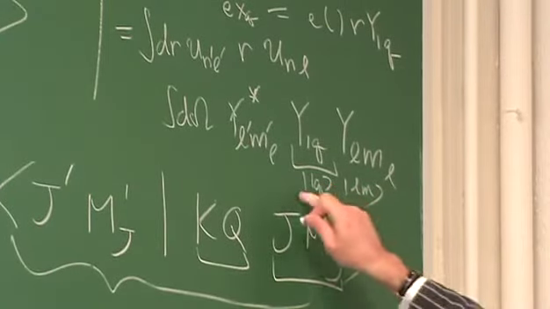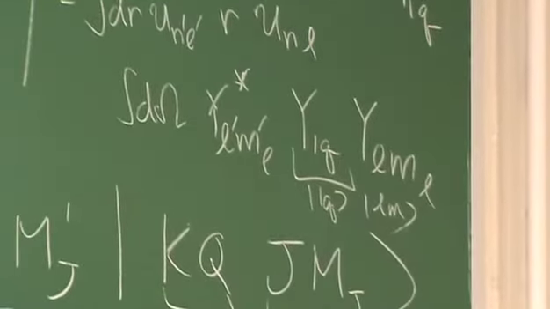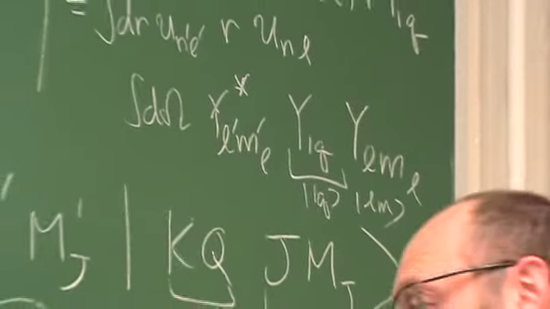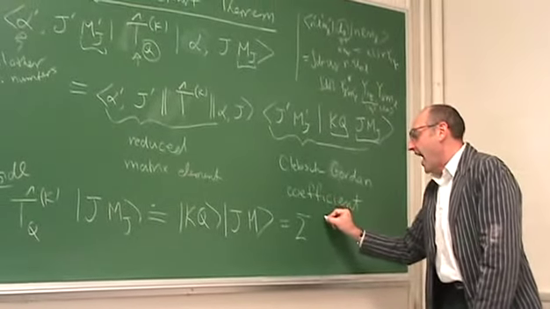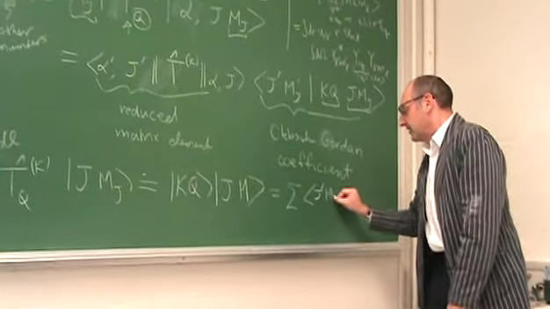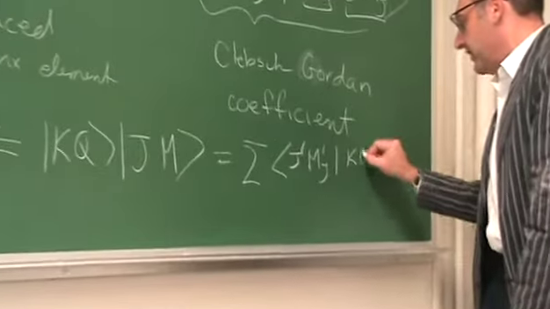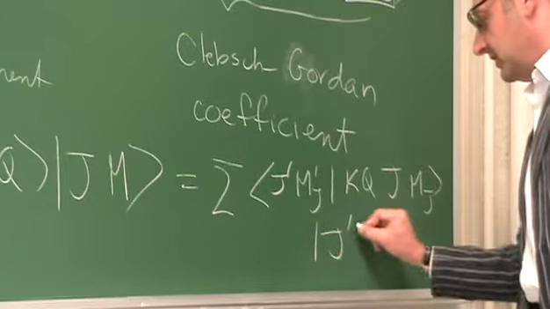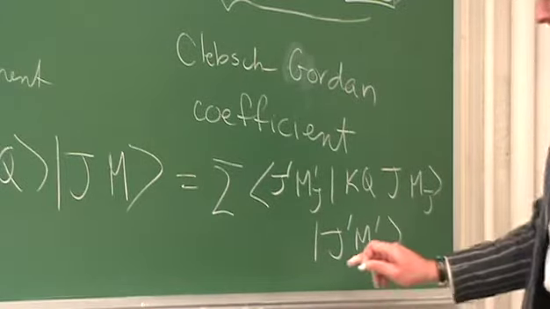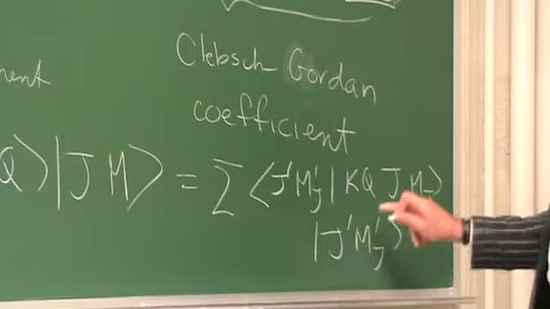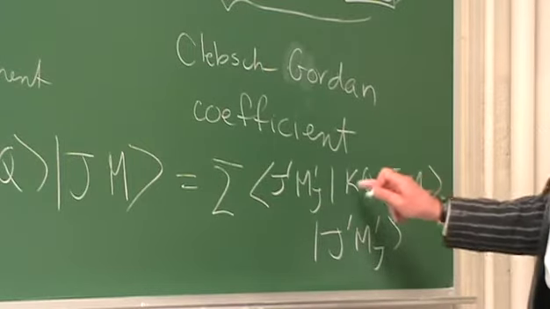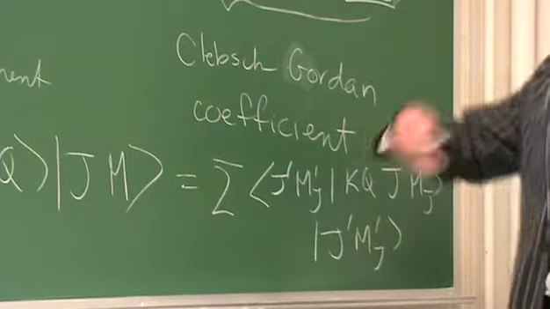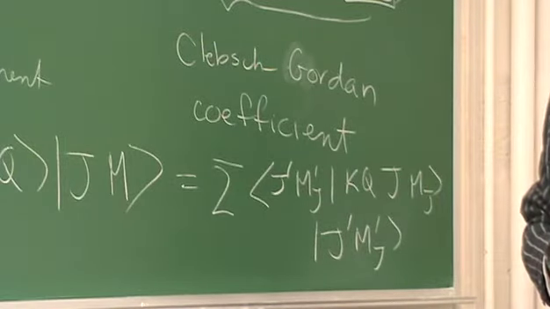When we have the product of two angular momenta, that product can be written according to the Clebsch-Gordan expansion as Clebsch-Gordan coefficients times a sum over total J prime, where J prime goes between K minus J and K plus J, and then N prime goes from minus J prime to plus J prime.